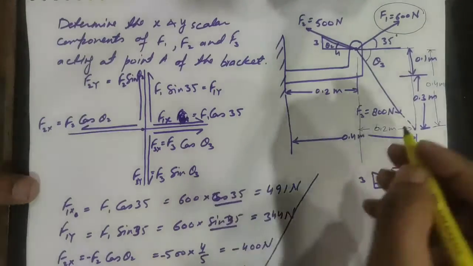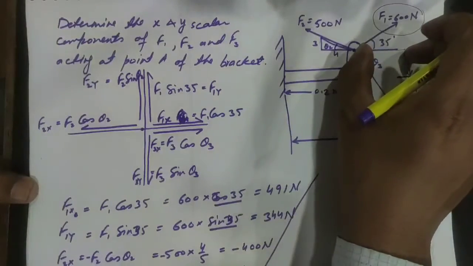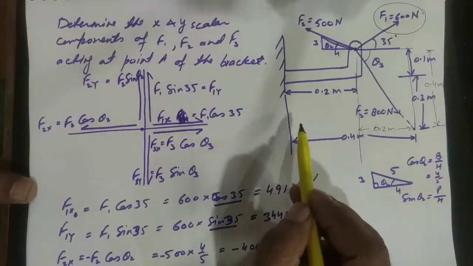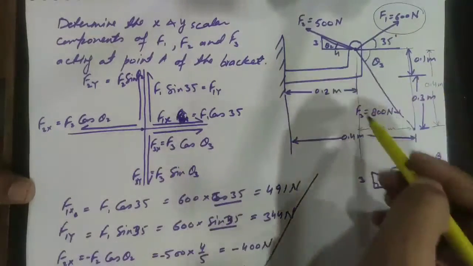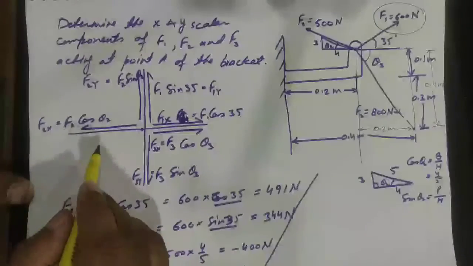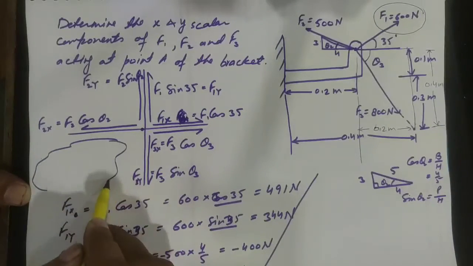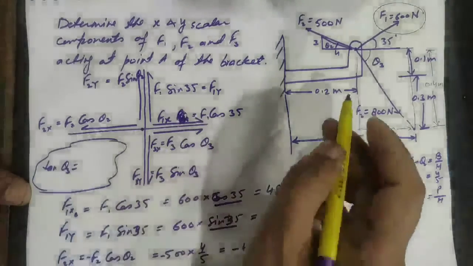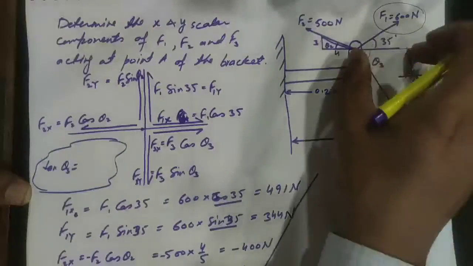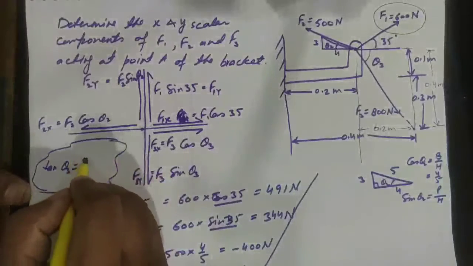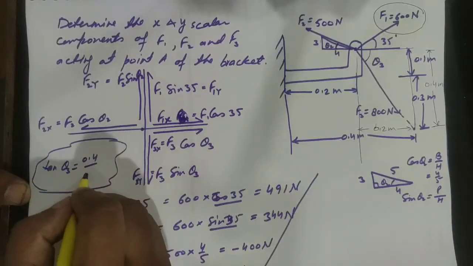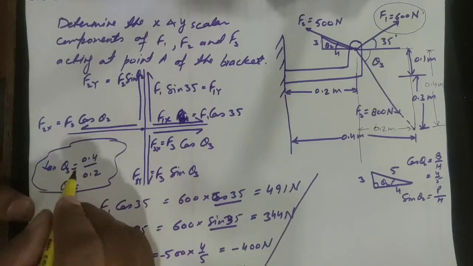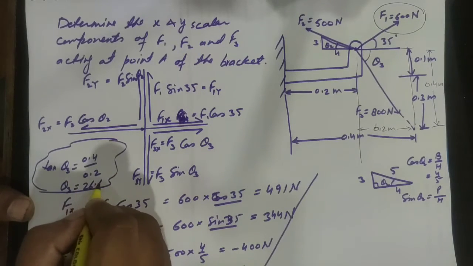So see, here we know the perpendicular and base. So for that we have to calculate the angle of theta 3. So tan theta 3 is equal to perpendicular upon base. Perpendicular is 0.4 meter, base is 0.2 meter. So theta 3 we will get with the help of calculator is 26.6 degree.